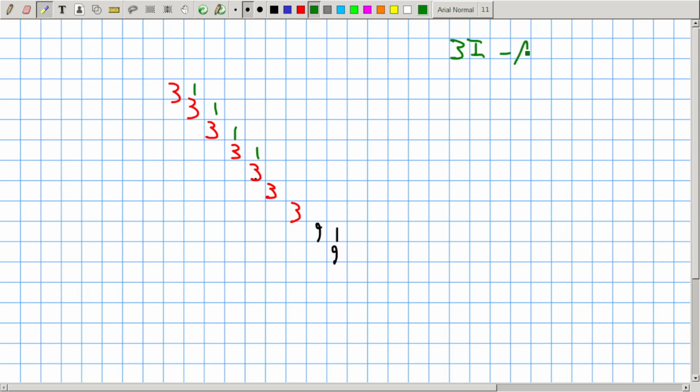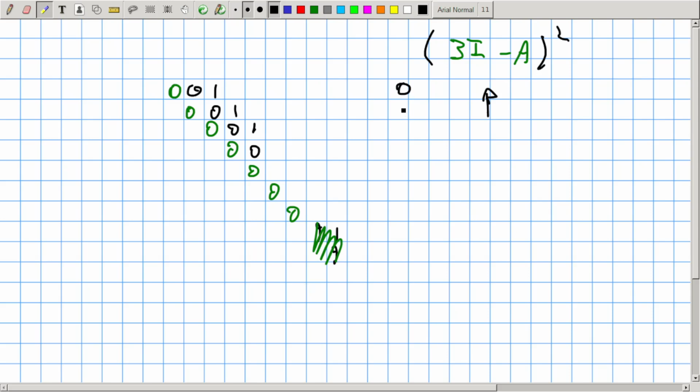The I minus A gives us 0, 0, 0, 0, 0, 0, 0, something that I don't care. True? So I'm focusing on 3. If I do this to the power 2, what do I get? 0, 1, 0, 1, 0, 1, 0, and those ones zeros. True? For this stuff here, 0, let me find it. 0, 1. No.